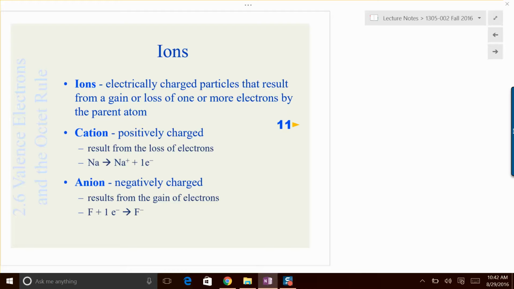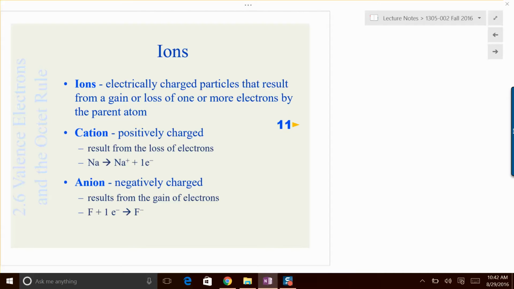Well, what caused it to lose that electron? It doesn't spontaneously lose it. Something has to force it off, but it will give it away if something is pulling at it. In the presence of fluorine, which wants 1 electron, fluorine will pull that electron off of sodium. Sodium will happily give it away.